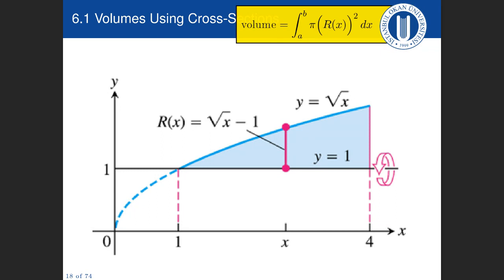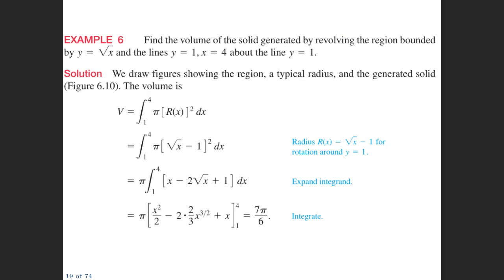That's all we need. We have our radius. We have our limits of integration. We'll just calculate the integral. We're going to be integrating from 1 to 4, pi r squared. So that's pi root x minus 1 all squared.